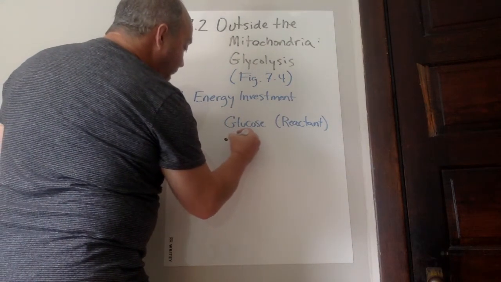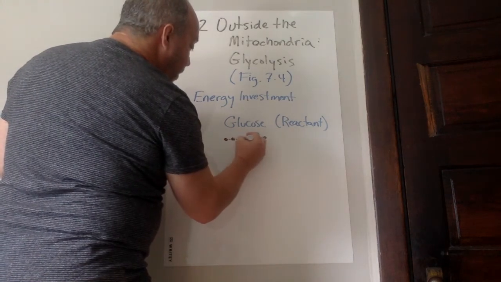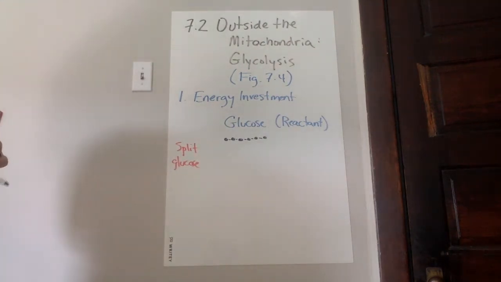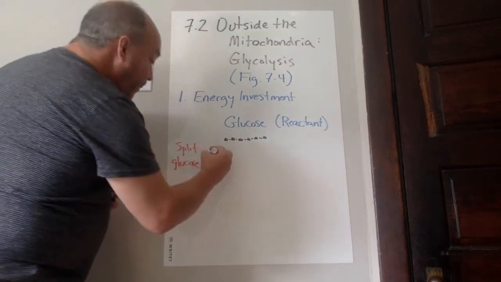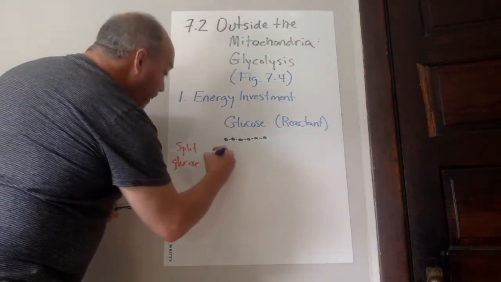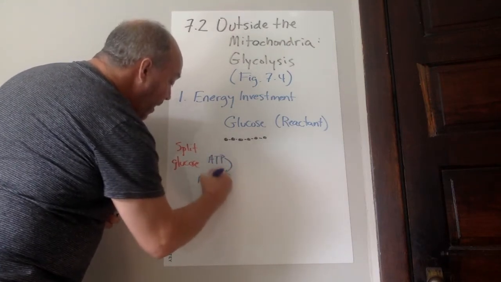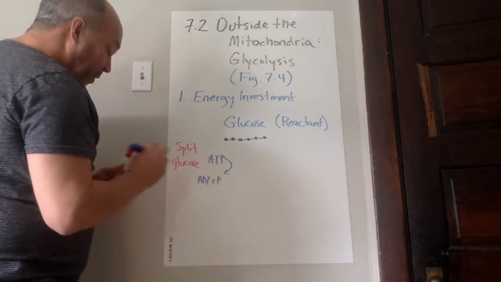We don't really care about everything else that is in this glucose, just the carbon. So while glucose is C6H12O6, during these reactions, we're only going to follow the carbon molecules. We're going to use energy. We're going to use ATP to split. So ATP will get reduced to ADP plus P in order to split our glucose molecule.